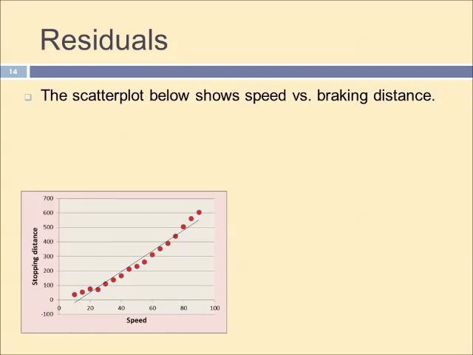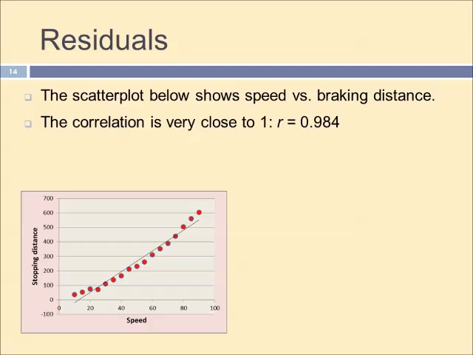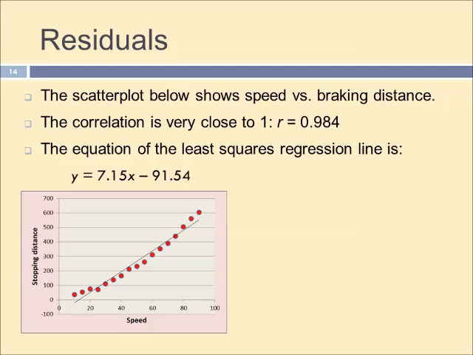Now suppose we have a scatter plot that shows the speed of a car versus its braking distance. We have a nice regression line, and we can get an equation. The correlation in this case is very close to 1, 0.984. Very strong. And we can calculate the equation of the least squares regression line.